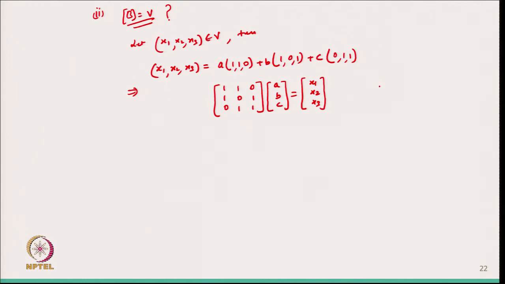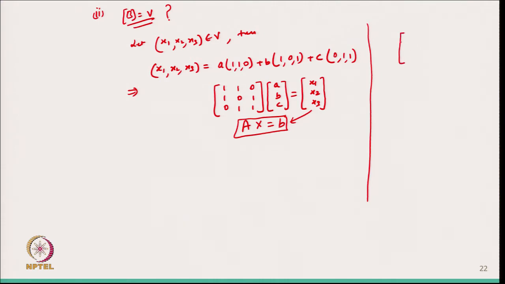So, this becomes the matrix A times some vector, maybe I call it x, equal to b. So, this is my system, and now I want to solve this system. We know how to solve this, because it is a 3 by 3 matrix. We can find the inverse also, but generally we go by reducing this into the echelon form.